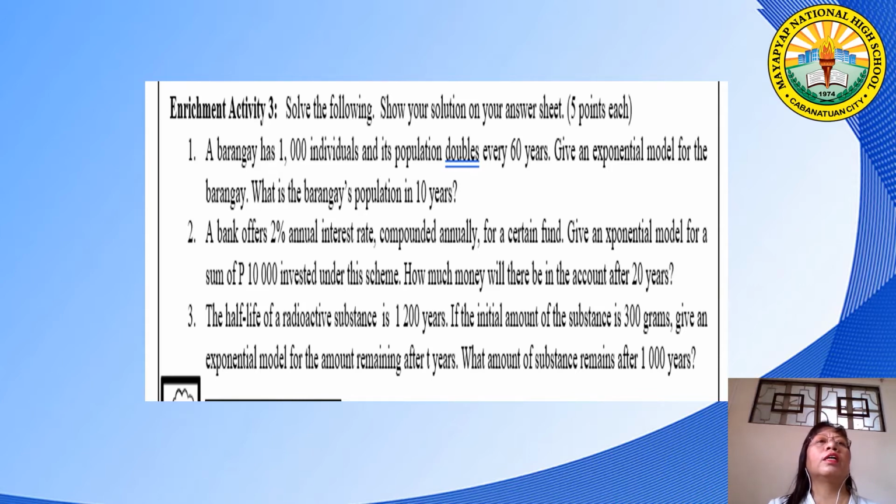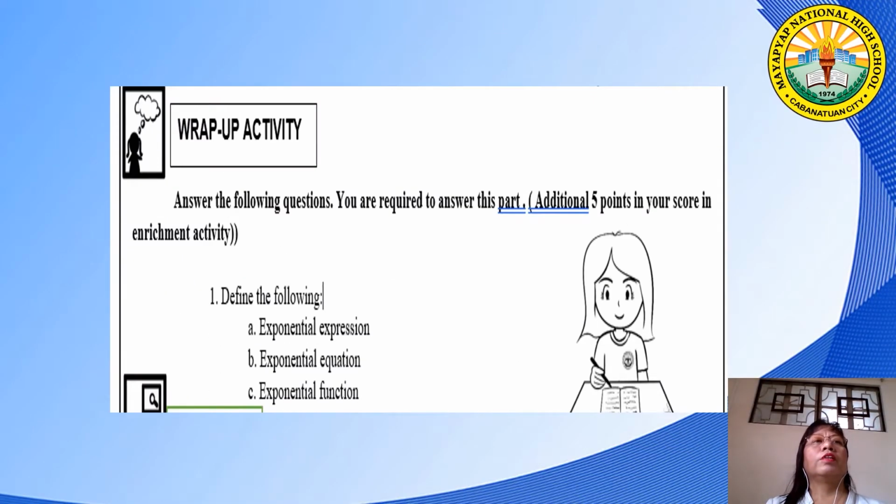Each item gives you 5 points. For the wrap-up activity, you answer the following questions and you are required to answer this part. This gives you a bonus of an additional 5 points in your score in the enrichment activity.